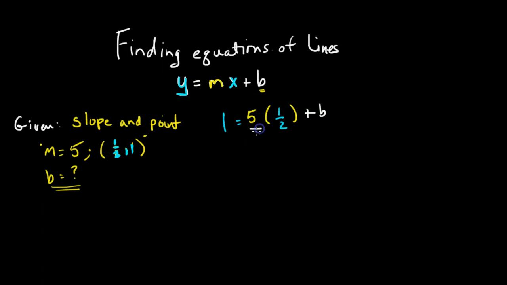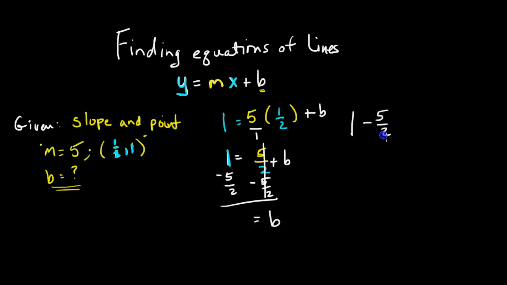In this case, I will solve for b by putting the 5 over 1, multiplying straight across, and getting that 1 will be equal to 5 over 2, and we'll add to that our b. And so now it's just a matter of subtracting 5/2 from both sides. As a side note, those will cancel, and b will equal whatever this is. I'm going to subtract 1 minus 5/2.